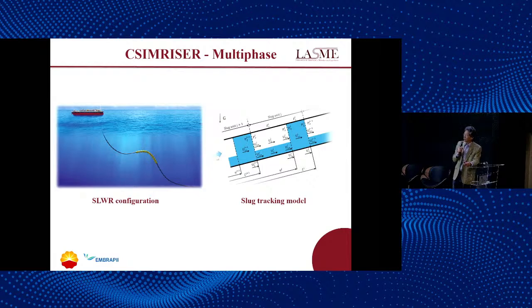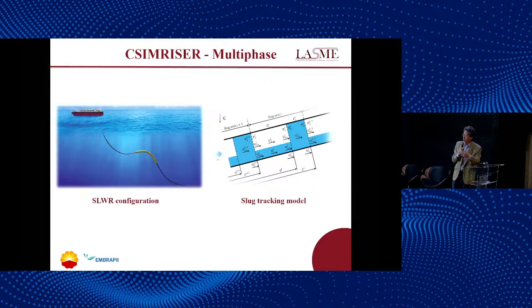For the multi-phase flow part, we are working on two models. One is the two-fluid model, similar to OLGA, and the other is a slug tracking model, which is also an extension of our previous unit slug model.